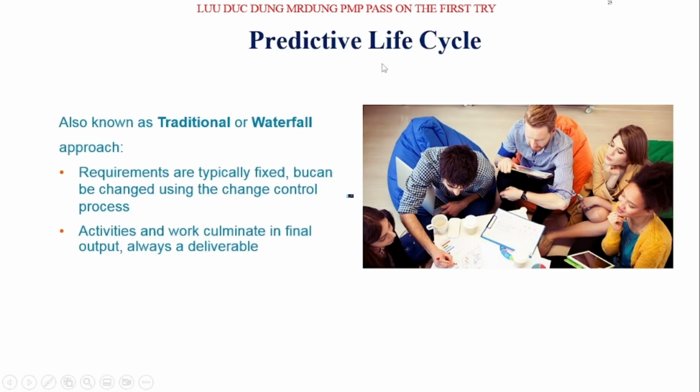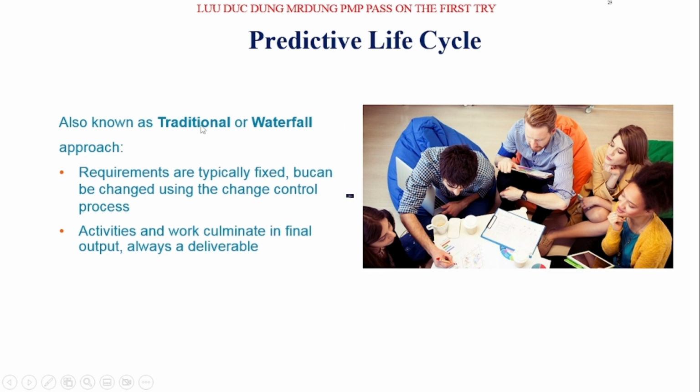Predictive life cycle is also known as the traditional or waterfall approach. Requirements are typically fixed. So we know that we have to define the result, the output, and the target from the beginning of the project.